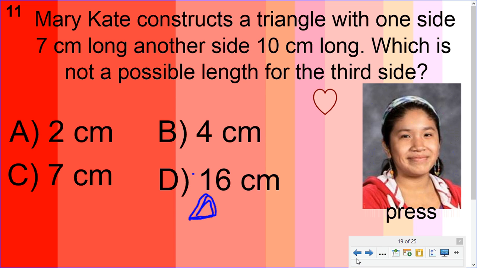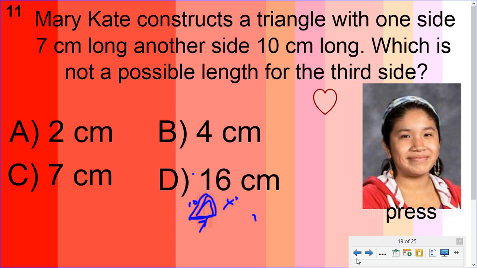I have my two sides, so this could be 10, this could be 7, and this could be the third side. Now, I remember I could add up two sides, and they have to be greater than the third side.